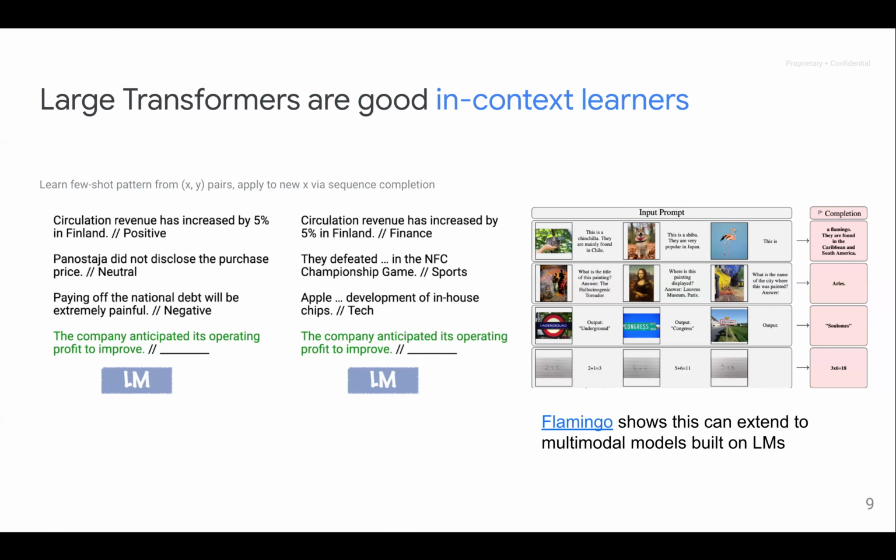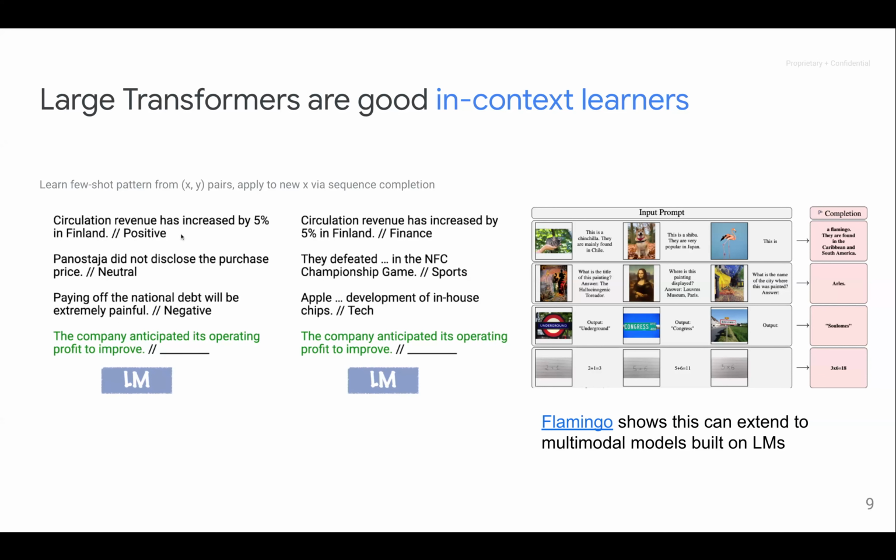Hopefully this is not particularly new to anybody, but the idea is that if you show a couple of examples of how to respond to a question, the structure of the question, how to think through the question, the language model or vision language model or whatever foundation model can understand that pattern and extrapolate from it.